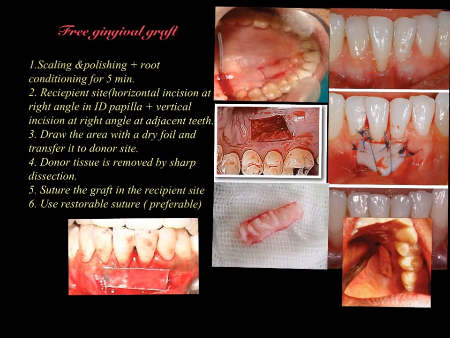As you see here, we transfer this tin foil to the palatal site, from which we measure the size of the palatal tissue to be excised to cover the recession area. Then the donor tissue, like here, is excised by sharp dissection.